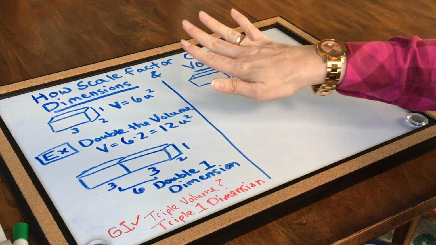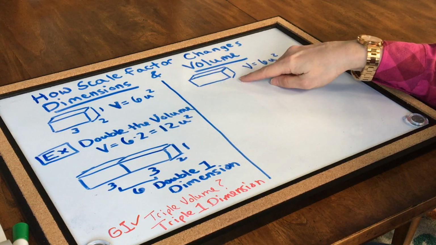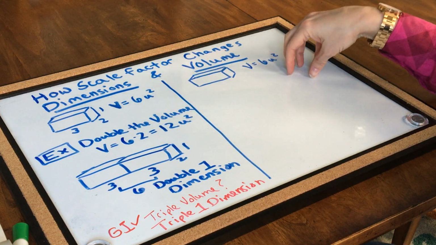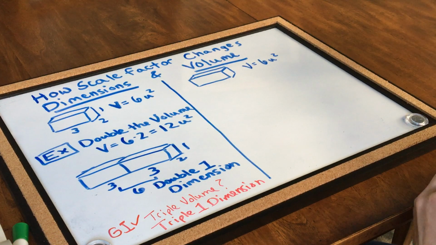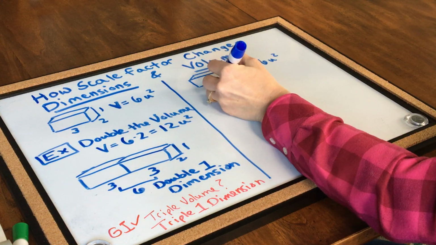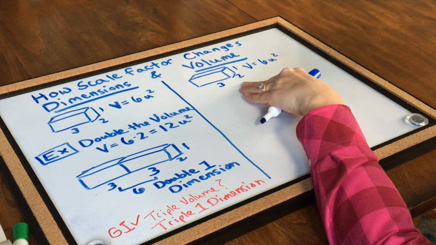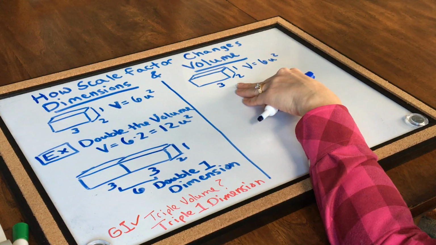All right, now it's time to look at the other side of the box. So how does changing the scale factor of a box change the volume? This time, again, I'm going to start with a 3, 2, 1 box, but this time I'm going to apply my scale factor to the dimensions.